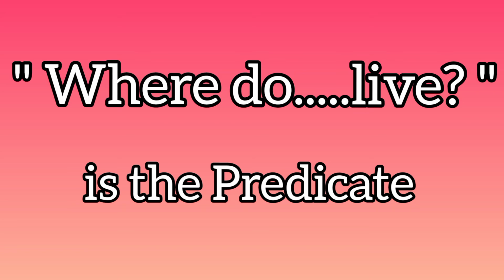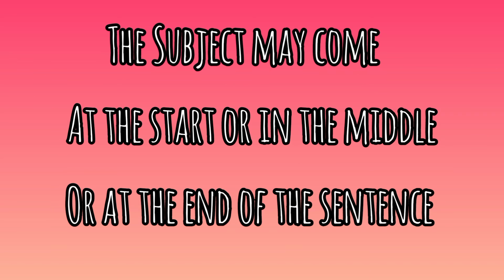For example, there are bright stars in the sky. Now, in this sentence, bright stars, these two words constitute the subject, and here the subject is in the middle of the sentence.